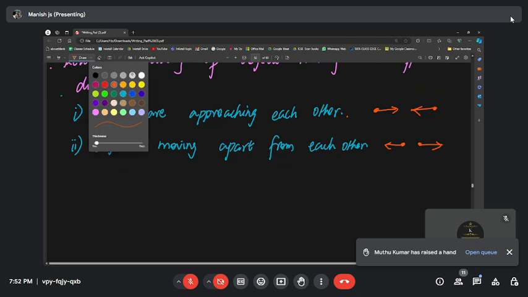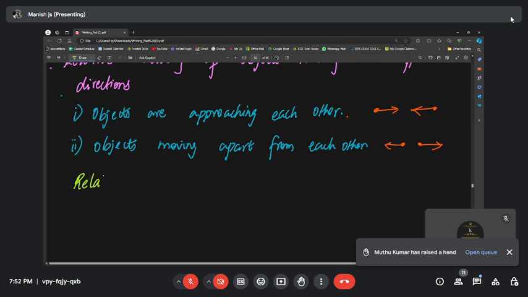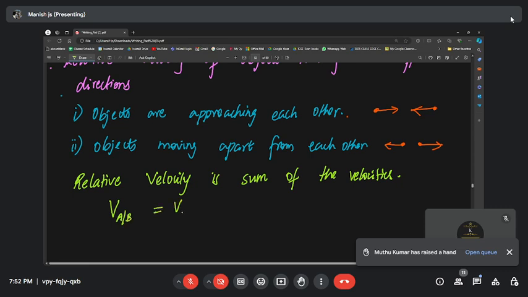So in this case, the relative velocity is the sum of the velocities. Then you will add up the velocities. So the relative velocity of, say, object A with respect to object B, you just need to add VA with VB.